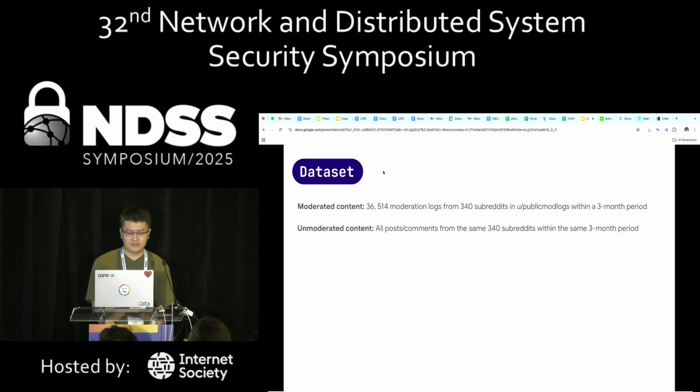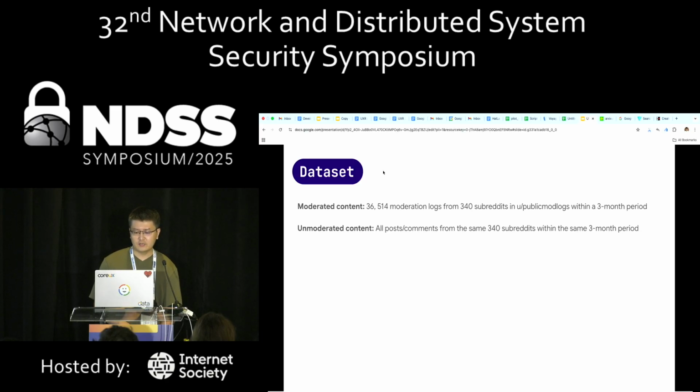To answer our research questions, we collected both moderated and unmoderated content from Reddit. Using the bot called public mod logs, we collected more than 36K moderation logs from 340 subreddits within a 3-month period. We then collected all the posts and comments from the same subreddits in the same time window.